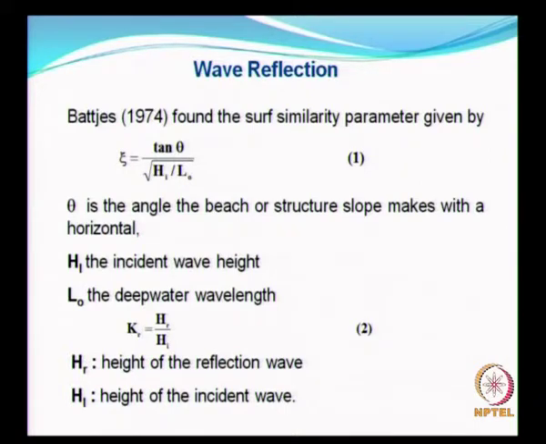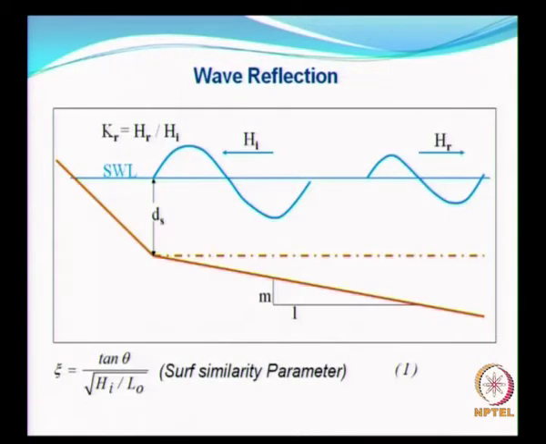Kr is similar to the diffraction coefficient Kd, which is the diffracted wave height divided by the incident wave height. Here we have the reflection coefficient, the ratio of reflected wave height to the incident wave height. This picture clearly gives the various variables associated with wave reflection.